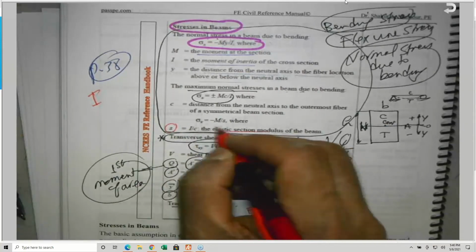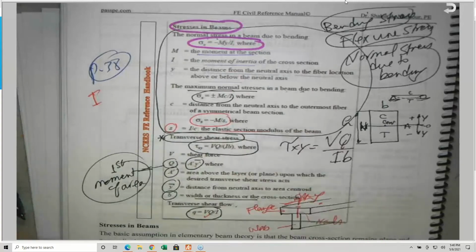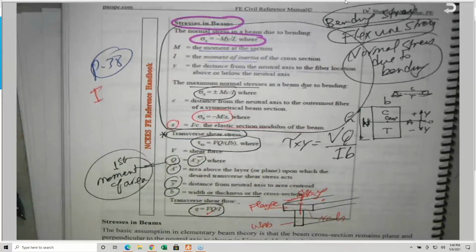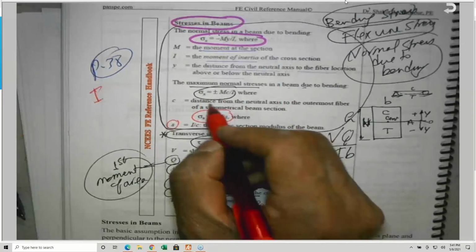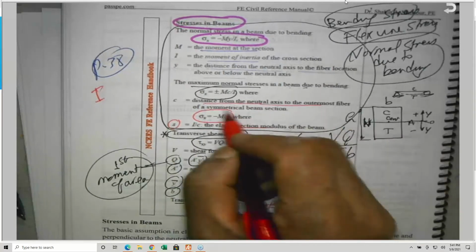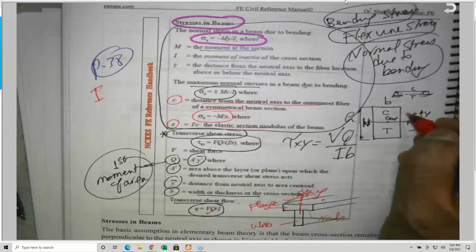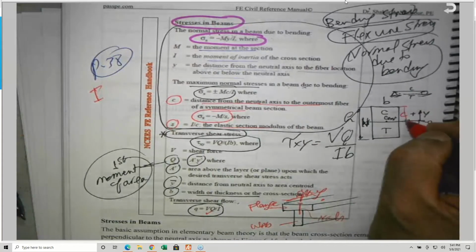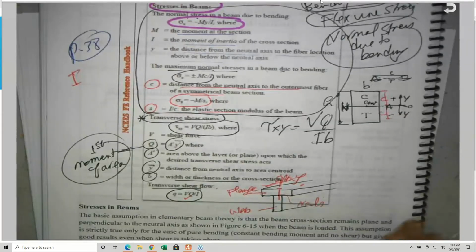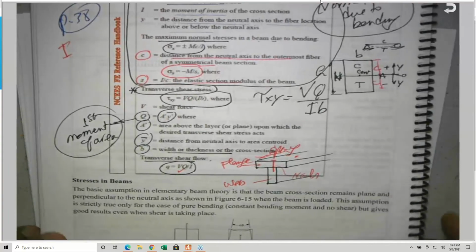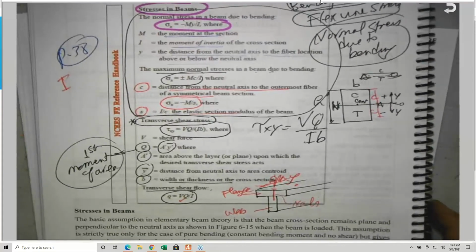So this is also sigma is equal to negative M over S, where S is the elastic section modulus, I over C. C is the distance from the neutral axis. We have C top and C bottom, the distance C from here to here, and also from here to here. All these things are variable, and you will learn them. I have a lot of problems, and we are going to learn all these things.